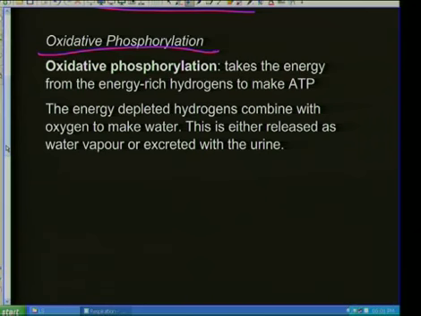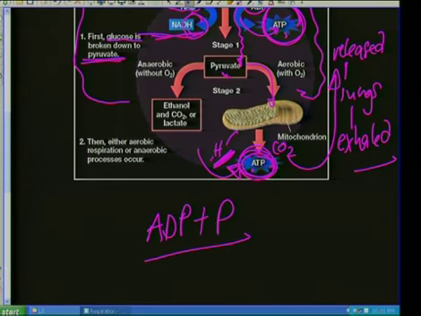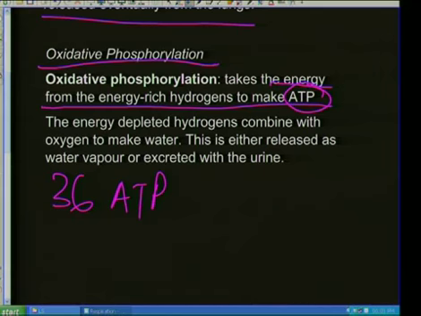Oxidative phosphorylation. What happens here? The energy that was made from the energy-rich hydrogens is used to make up ATP. That ATP we saw in the last diagram. The energy from the hydrogen is used in the hydrogen transfer system to make ATP from where? From ADP. Whenever they say that ATP is made, it means ATP was made from ADP plus P. During this process, 36 ATP molecules are made.